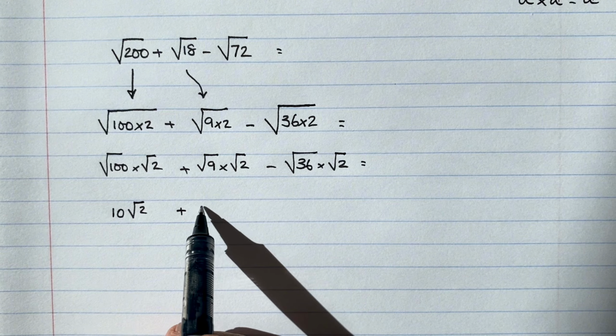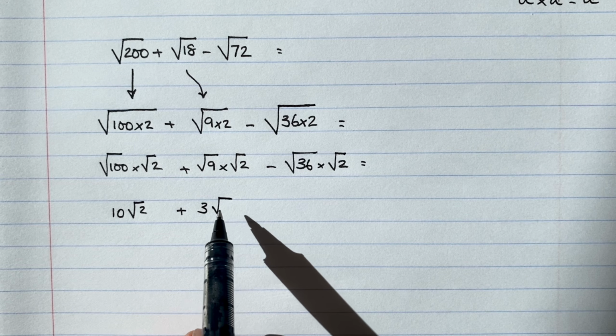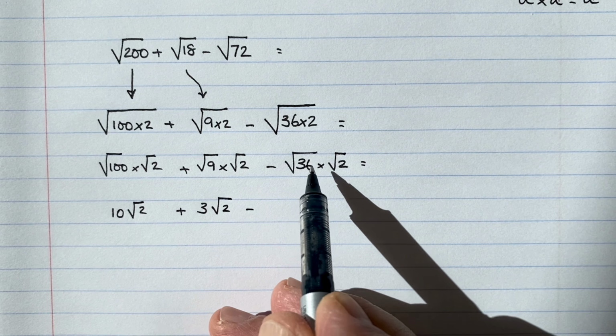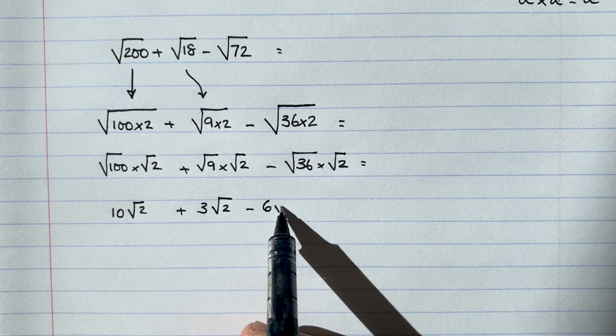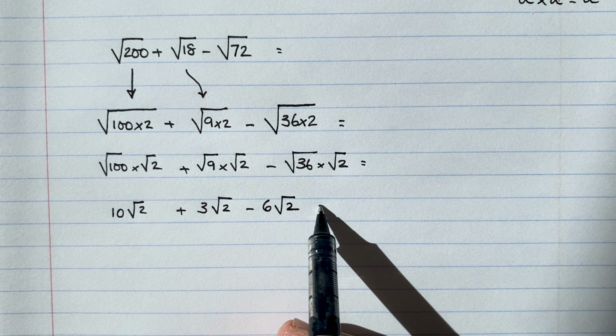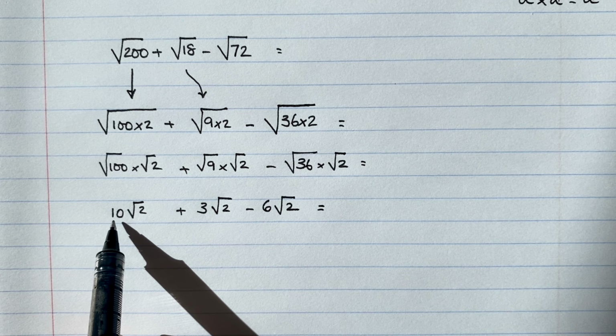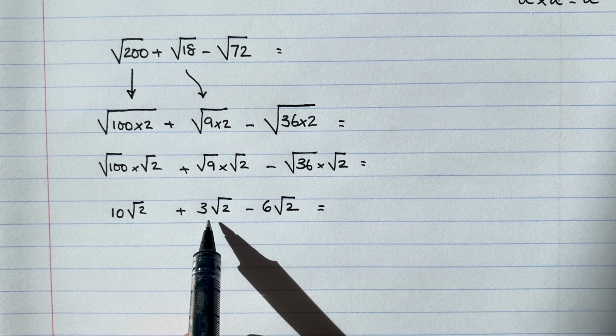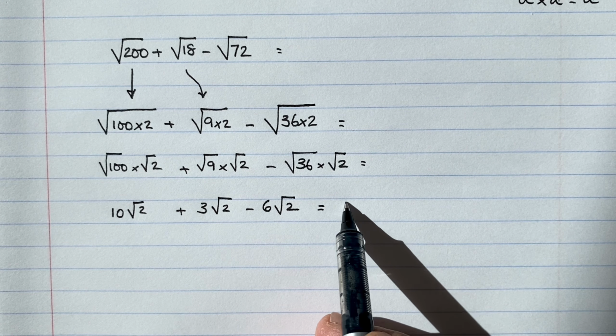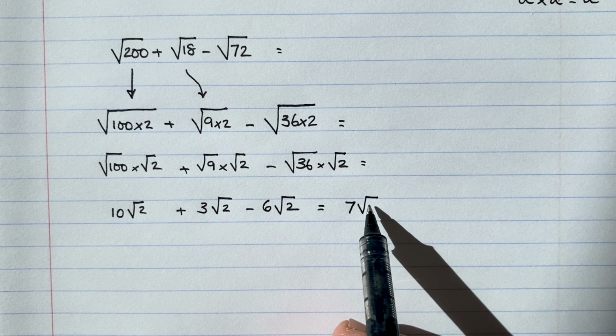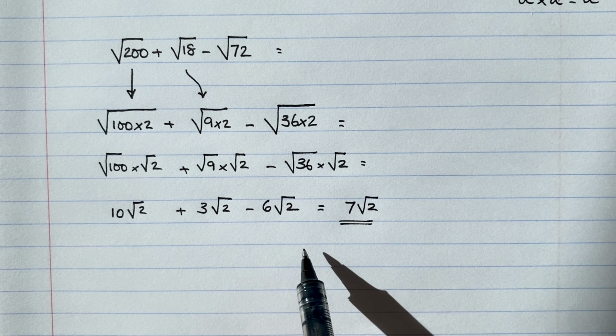Root of 9 is 3 root 2. And root of 36 is 6 root 2. 10 root 2 and 3 root 2, 13 root 2 minus 6, 7 root 2 is the final answer.